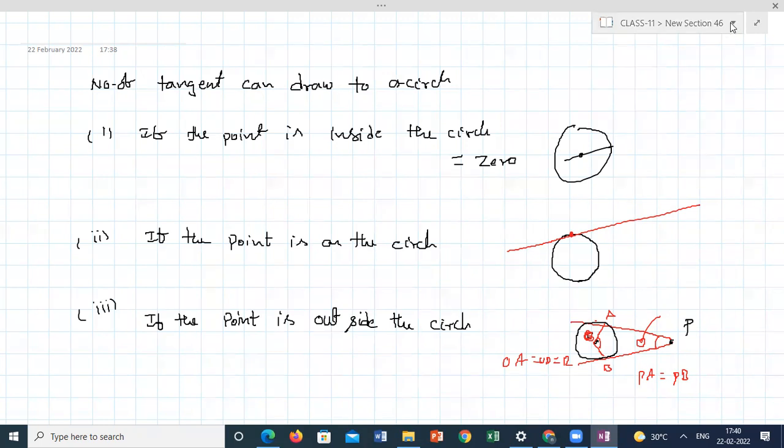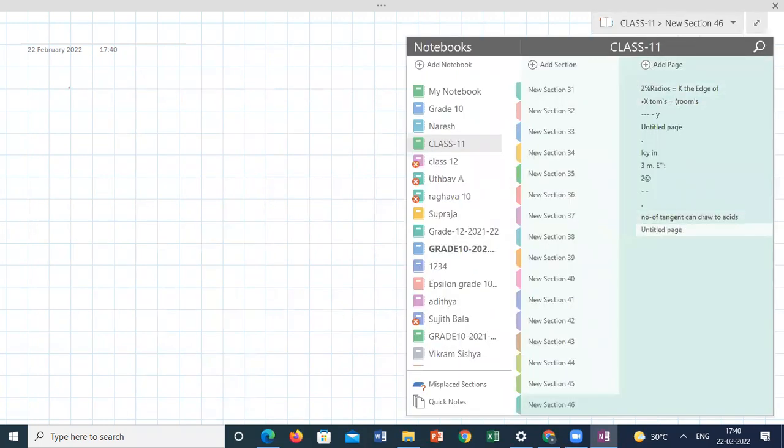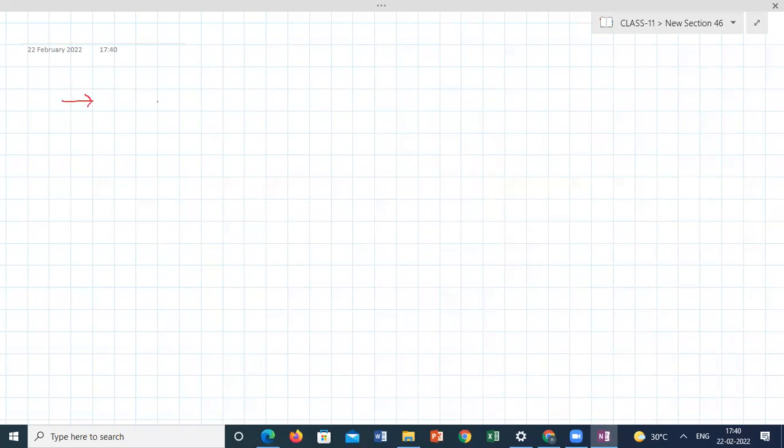So is it clear? I'm just recapitulating. Now, how can we say a point is inside, outside, or on the circle? Who is going to explain this one?